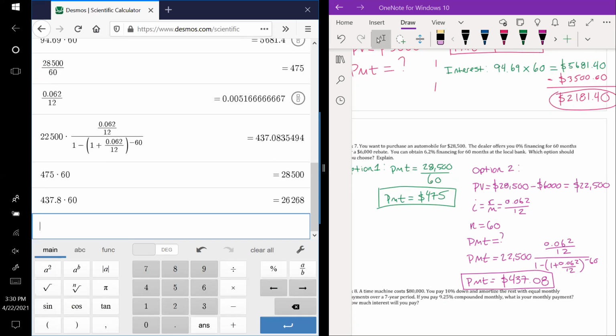Yeah, you still have the better deal with option 2, because even with your interest rate, you'll pay back in total 26,268. So it's still definitely less than the 28,500 with the 0% financing. So don't fall for the trick, right?